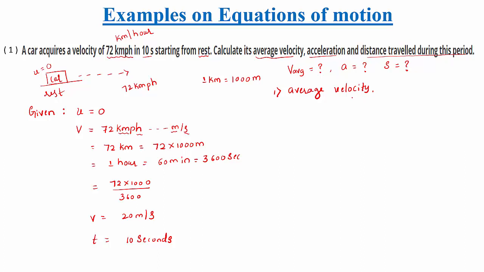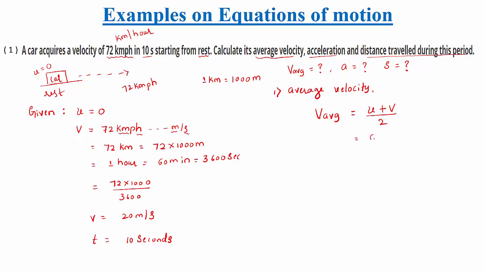Mean value of velocity or average value of velocity is given by the equation V average equal to, so there are two velocities here, initial velocity plus final velocity divided by 2. That gives mean velocity or average velocity. Substitute the values here.